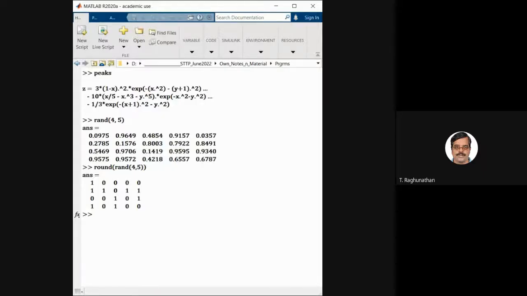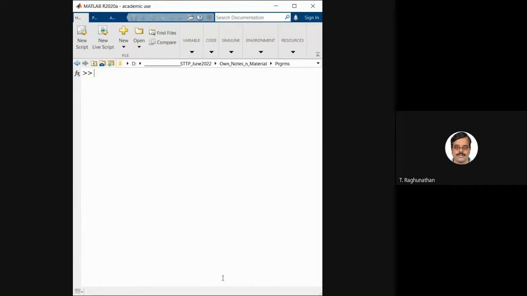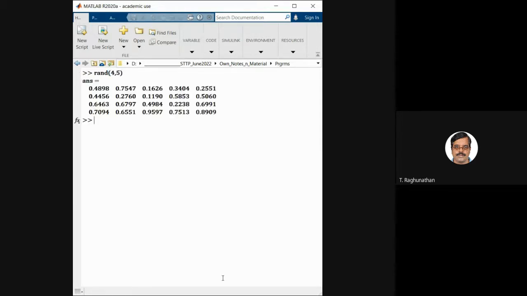Now again I'll go back to that presentation. Oh, I didn't share. Okay, so I'll present that. It produces something like this, four individuals each of string length 5, but we want only ones and zeros, right? So I have to round off these random numbers.